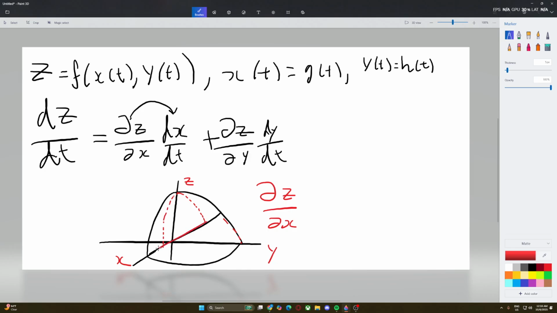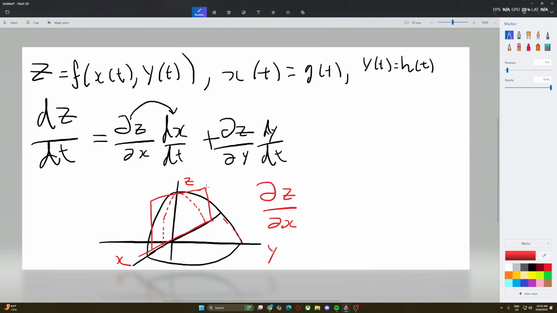Wait, is this a partial derivative of x or y? I think it's a partial derivative. Gotta be. Cause wait, this low key might be a partial derivative of x. My bad. Cause we're keeping x, but y is not changing, so I have no clue anymore.